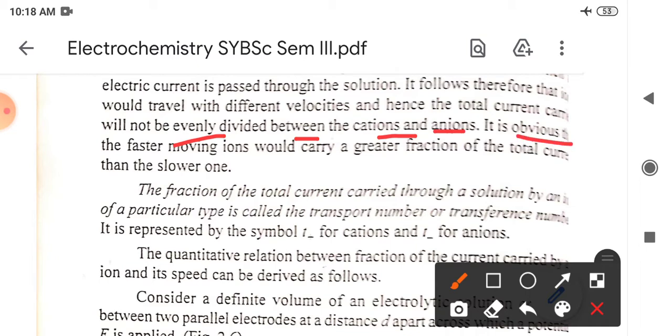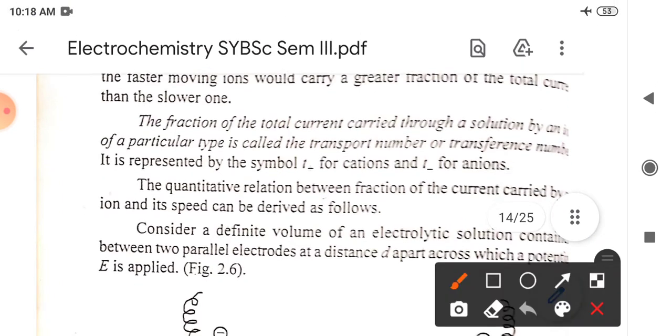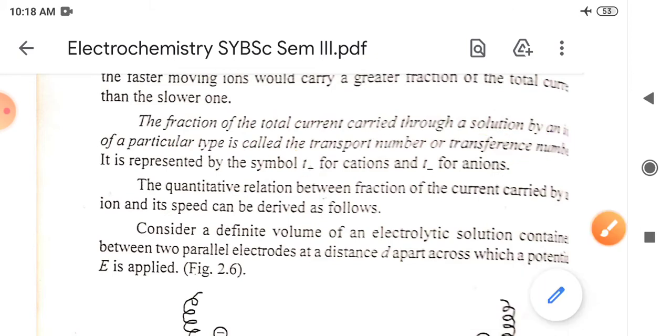So it is obvious that the faster moving ion would carry a greater fraction of the total current than the slower one. So the fraction of the total current which is carried through the solution by an anion or cation, that is by a particular type of ion, is called a transport number or a transference number, and it has the symbol T plus for cation and T minus for anion.